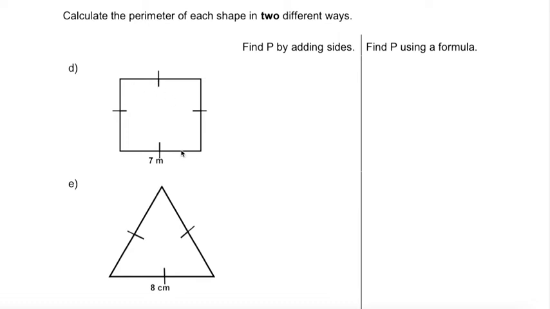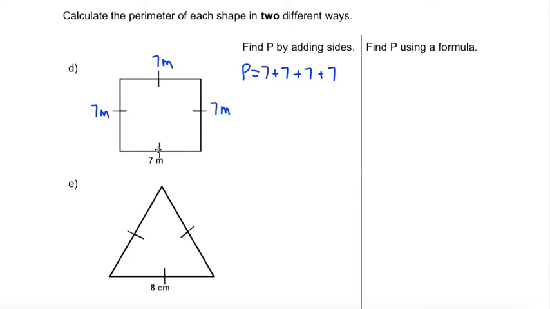So we can just simply add up all of the sides. We notice that each side of this square has a little line through it. So this means that all of my sides are the same measurement. So I could add up all of these sides, so 7 plus 7 plus 7 plus 7, and figure out the perimeter that way.